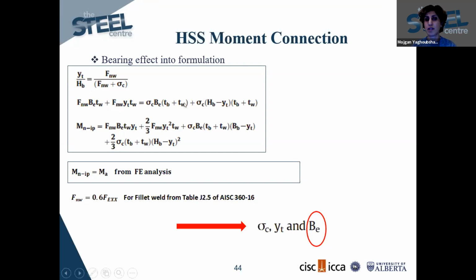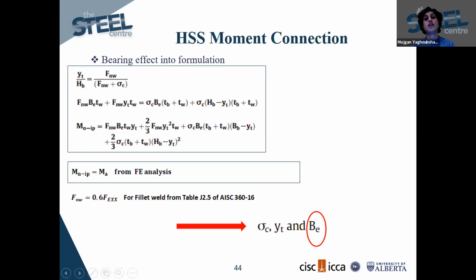This is the equilibrium of the forces, and this is the equilibrium of the moment. So I set these moments equal to the moments calculated based on the finite element procedure. So these are three unknowns that were meant to be identified by solving these three equations.